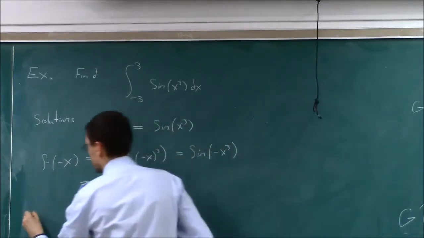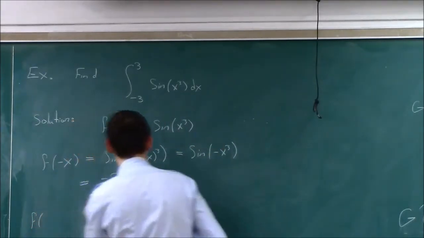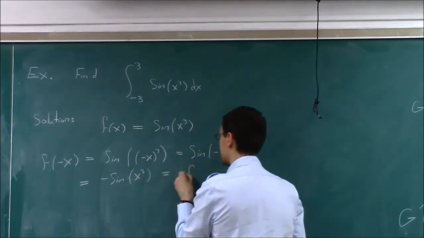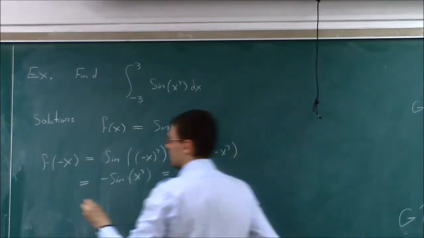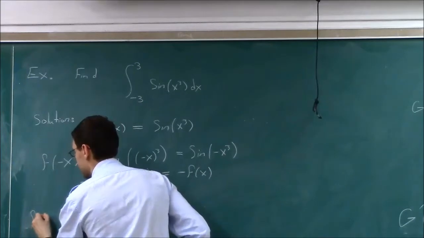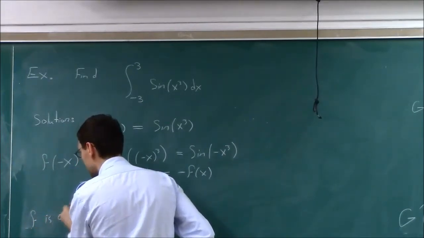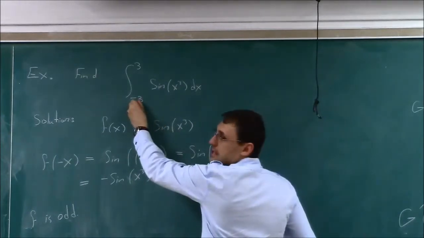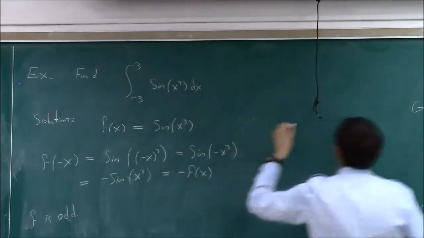So the function is odd. So this is minus f of x. F is odd.